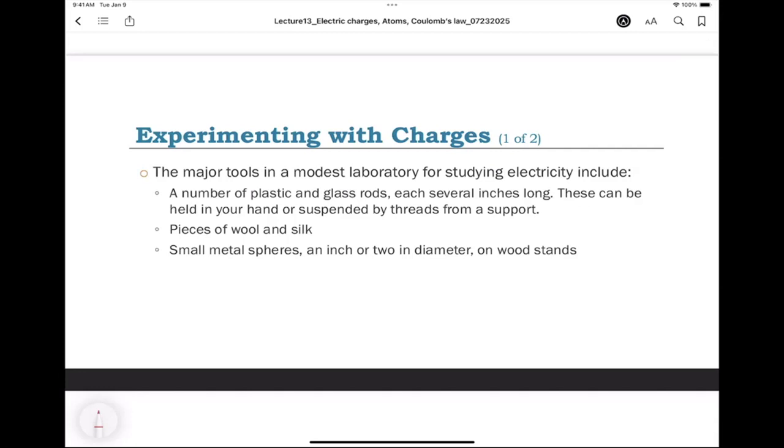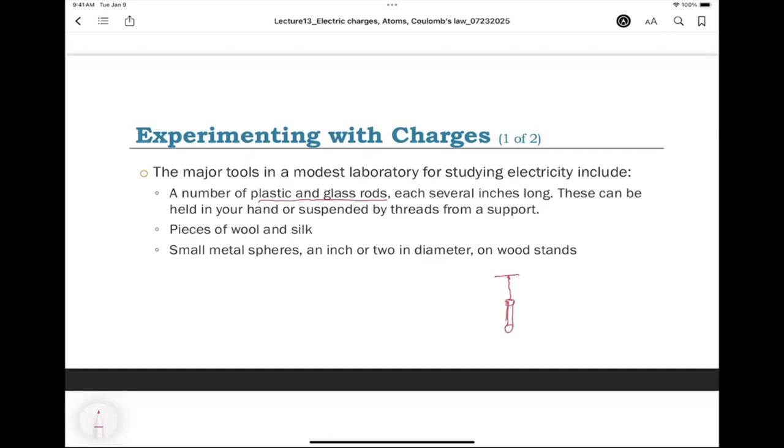It includes a number of plastic and glass rods, each several inches long. These can be held in your hand or suspended by threads from a support. For example, here there is a thread, and here there is a rod.